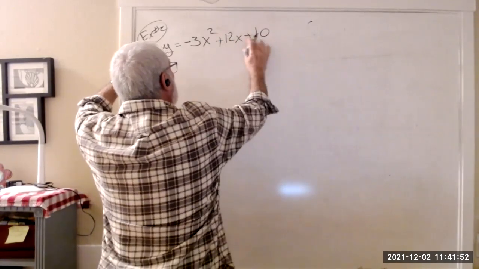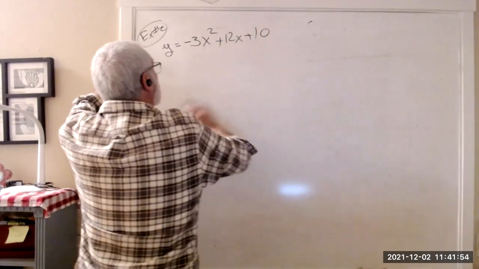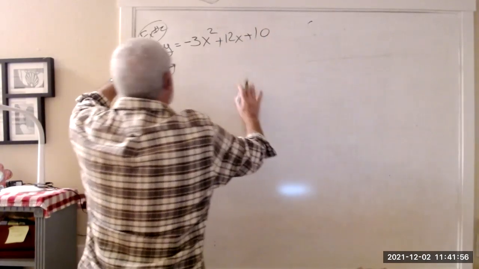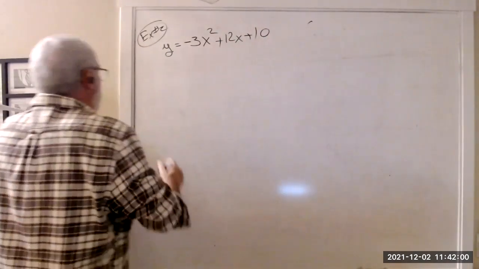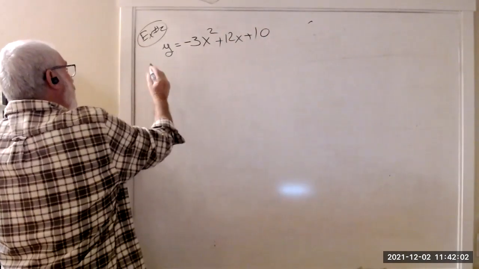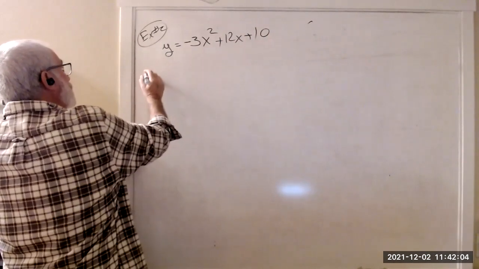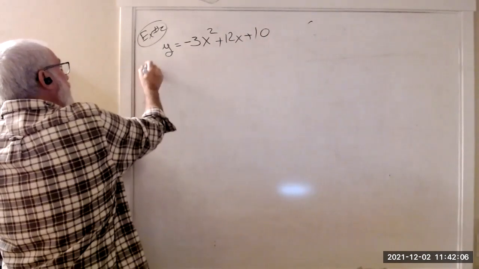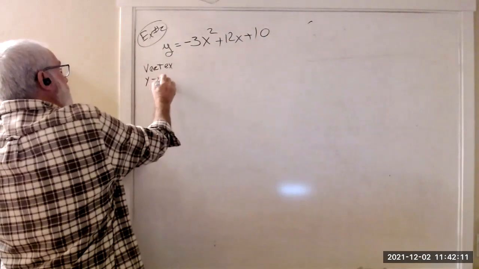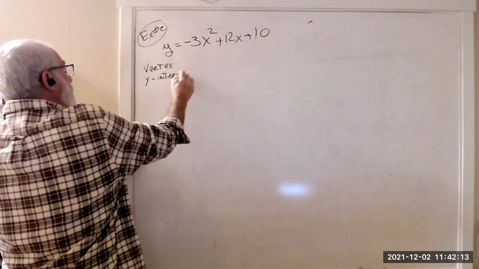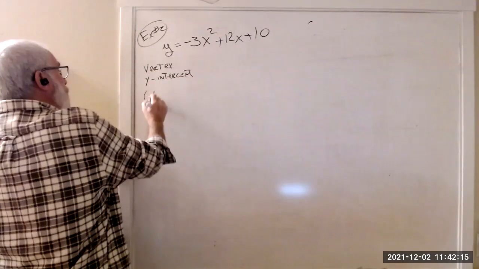Let's do it that way. I want this to be nice. Yeah, that'll be good. Okay, so let's start with a graph. At the very least, I want to see the vertex and the y-intercept and its reflection.